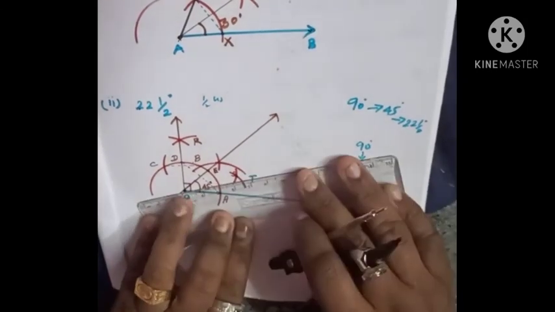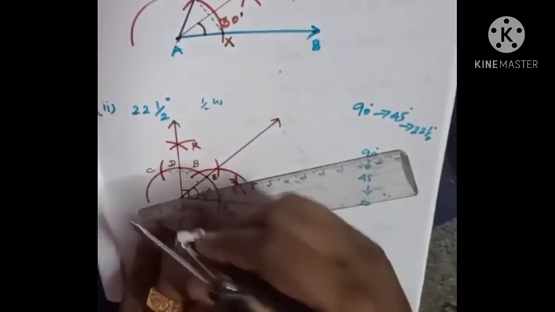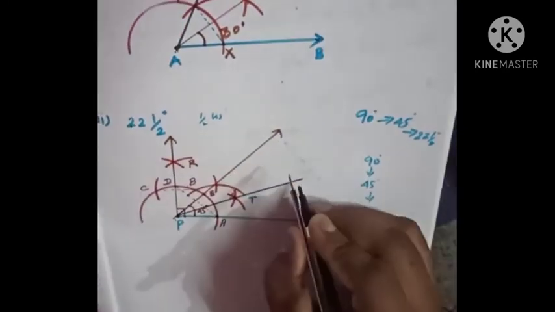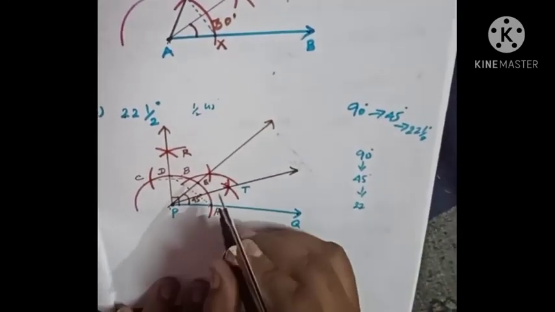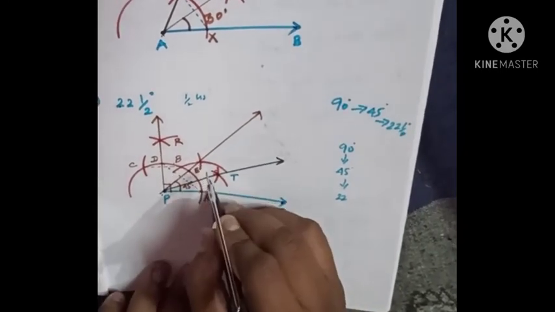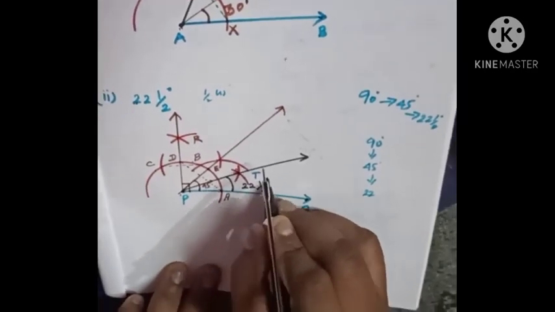This is the resulting angle we get, that is the ray PT. So now we draw PT. This QPT angle we mention as 22.5 degree.